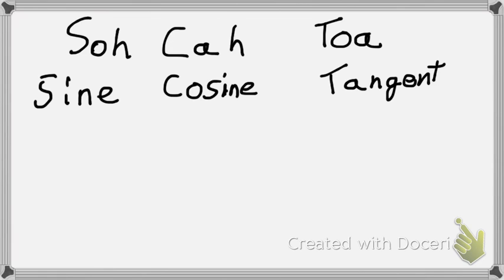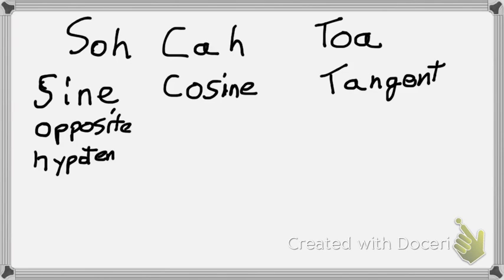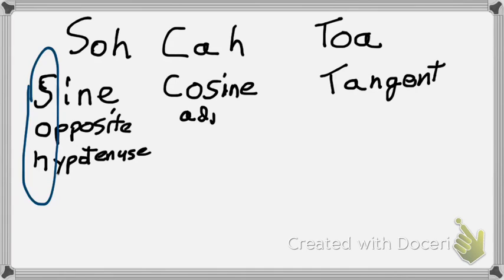S-O-H stands for sine is the opposite side over the hypotenuse. See how right there we have S-O-H? Then we have C-A-H, and that stands for cosine is the adjacent leg over the hypotenuse.